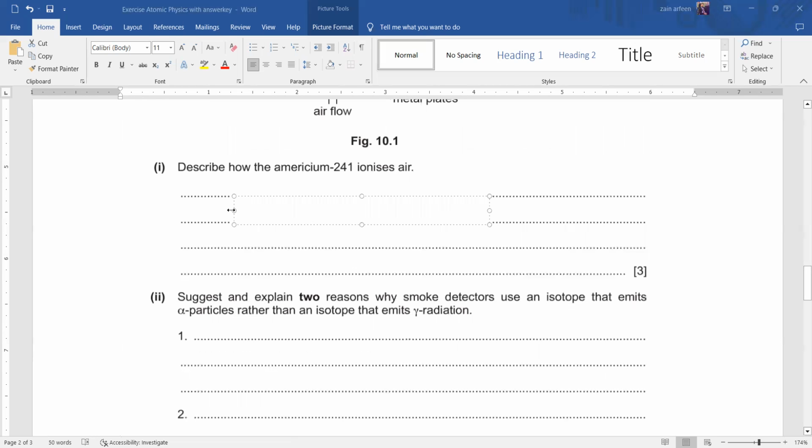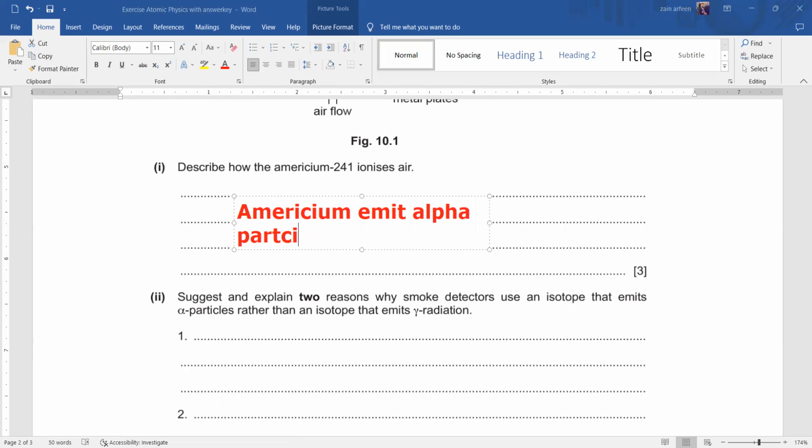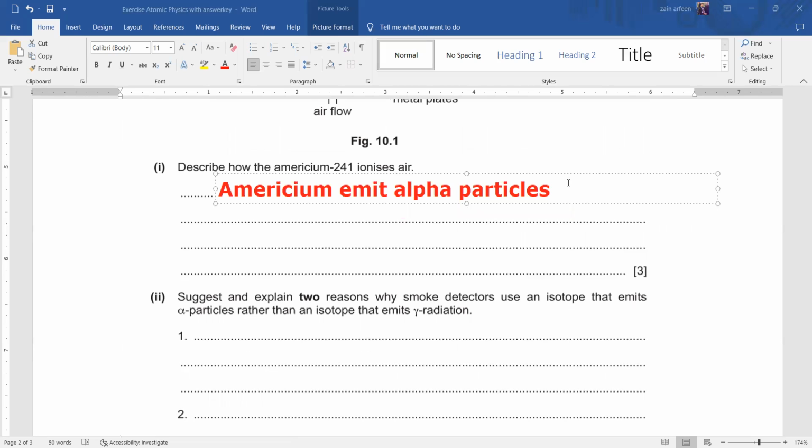So what happened? First, the americium emits alpha particles. That is 1 mark. It's already given, but we have to identify it. So americium is emitting alpha particles, and the alpha particle has a greater mass and charge.